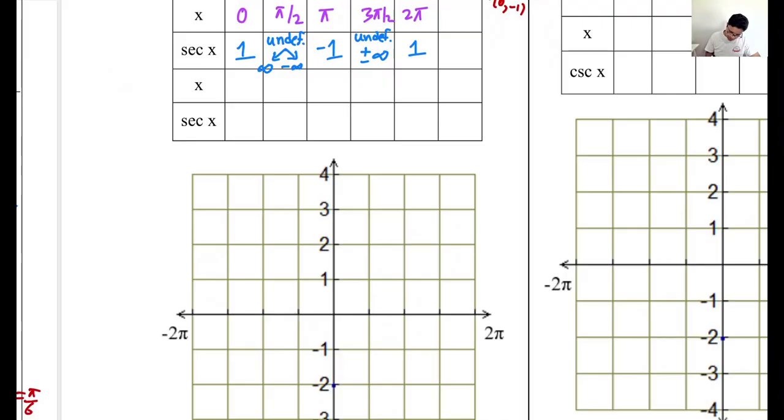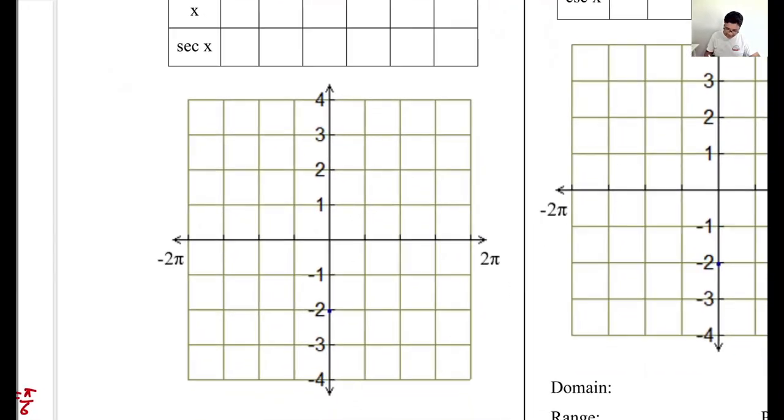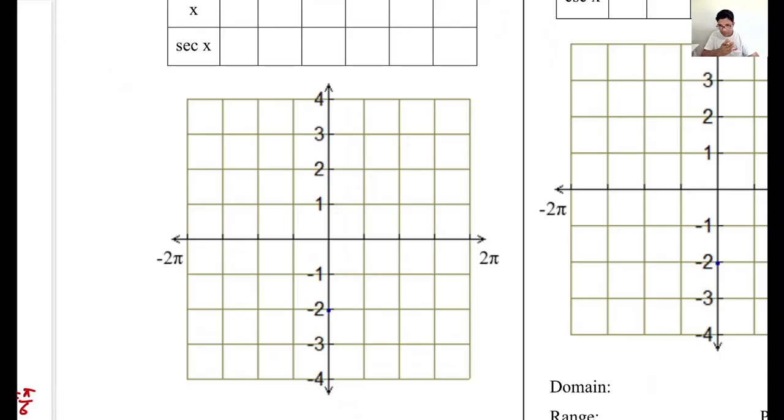So here is the graph, and from 0 to 2 pi we will be looking at the right hand part of this graph. 0 here, 2 pi there, so the halfway mark is pi. Here you have pi over 2, and here 3 pi over 2. And our values now from the table. I remember, and I'm going to plot them here.